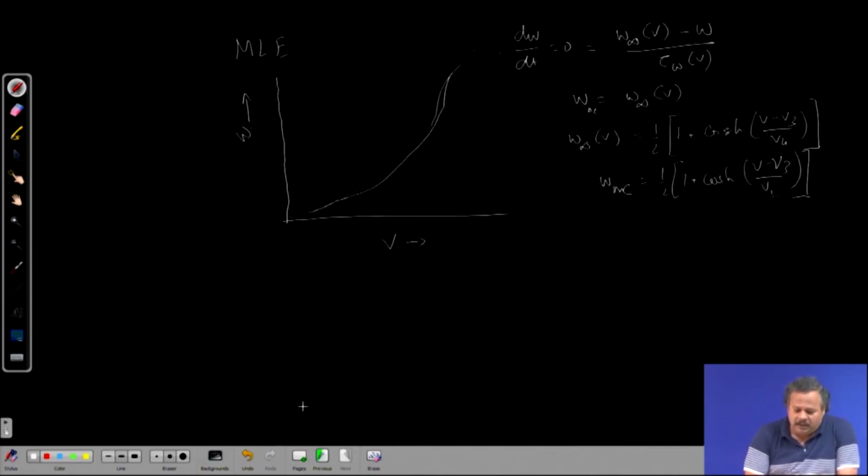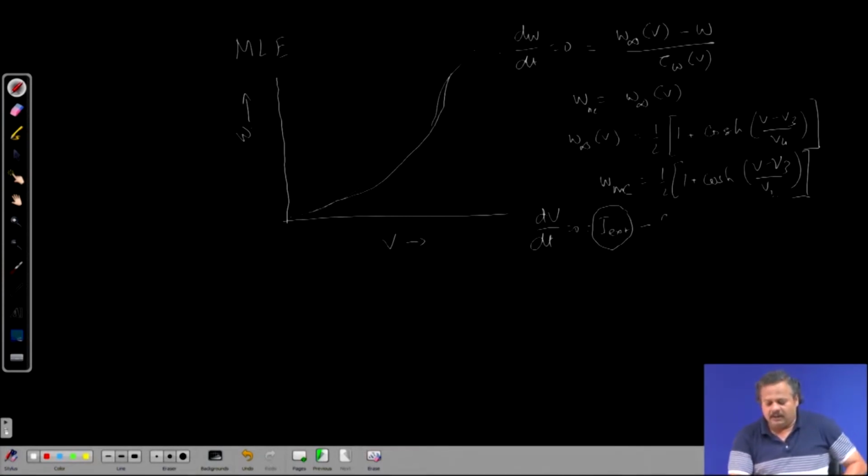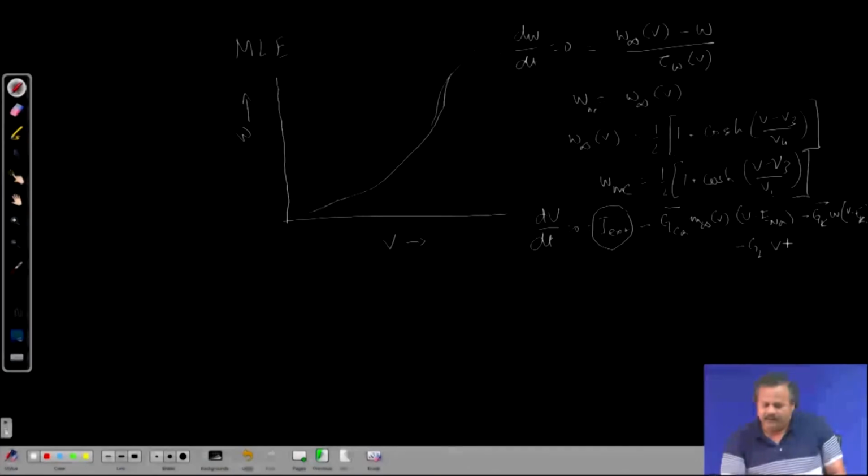And similarly, if you now remember the dV/dt equation, if we set dV/dt equal to 0, and let us say there is no external current, then this is also 0, equal to minus G calcium bar M infinity of V times (V minus E Ca), minus G K bar W times (V minus E K), minus G leak times (V minus E leak).